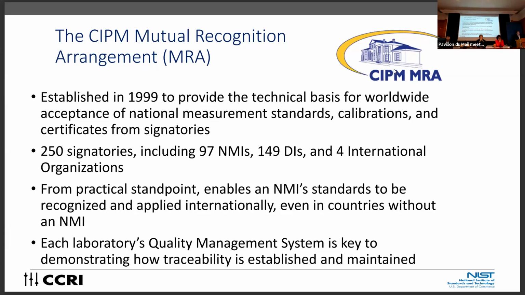There are 250 signatories that include 97 NMIs, 149 DIs, and then 4 international organizations. And from a practical standpoint, what this does is that it enables an NMI standard to be recognized and applied internationally, even in countries where you don't have an NMI. But an important key of this is that each laboratory's quality management system is important for demonstrating how that traceability chain is maintained and established.